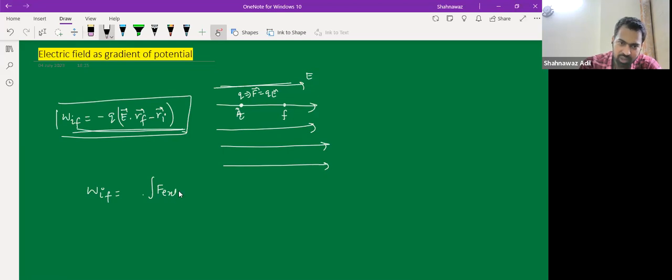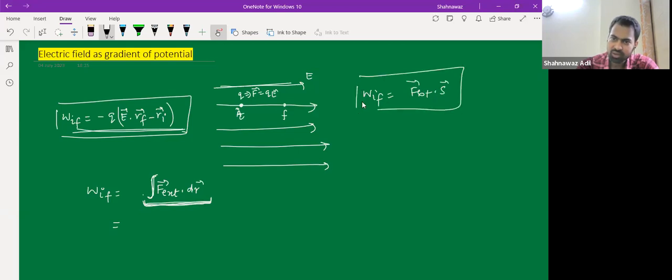So work done would be the integral of F external dot dr. This is the case for the non-uniform electric field, because we have an integral. If this had been a uniform field, it would have been simply F external dot S, which gives us this.